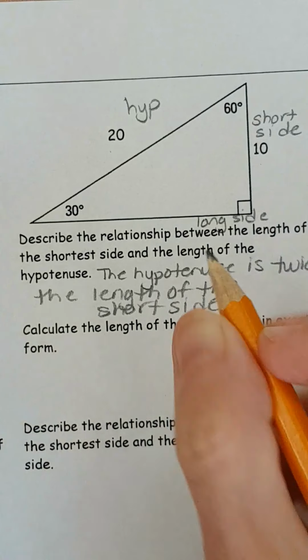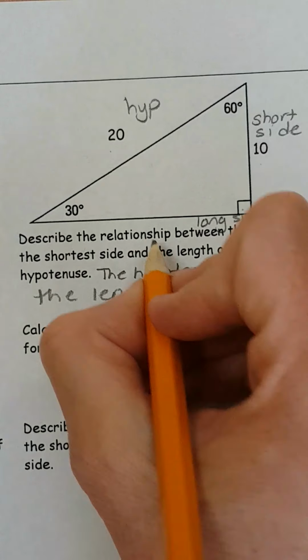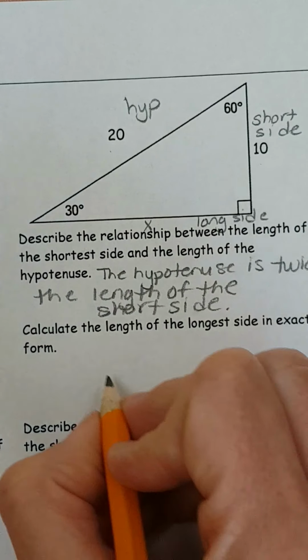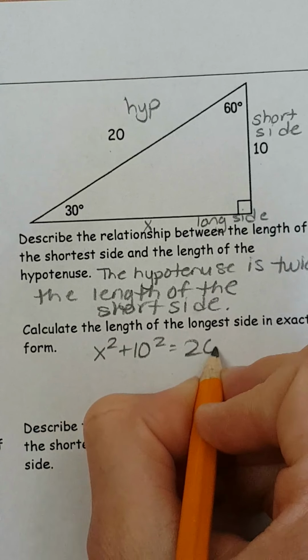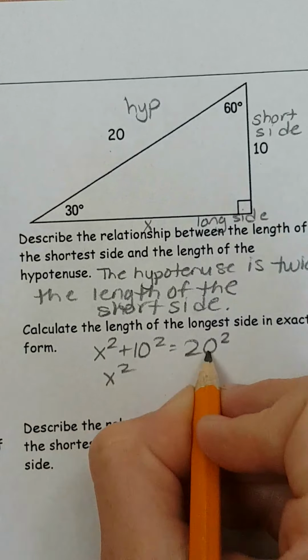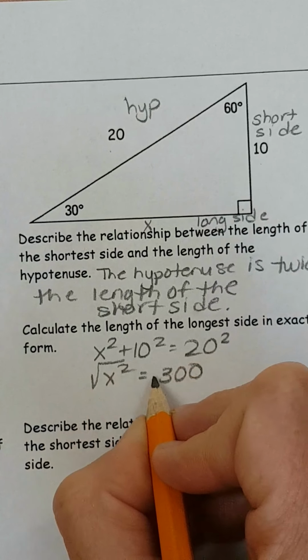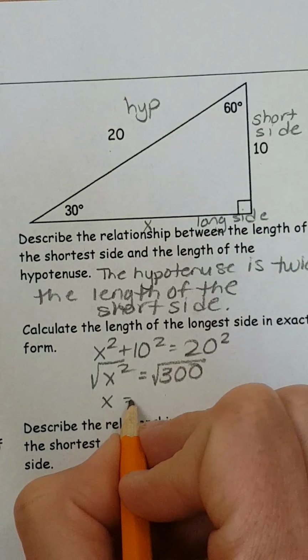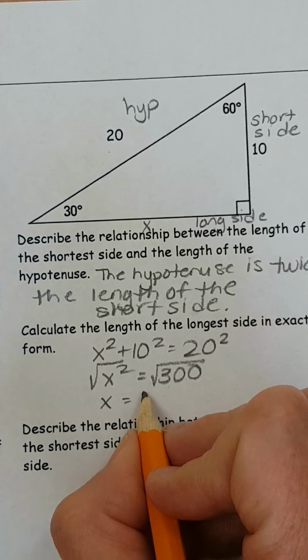So now what we want to do is we want to figure out what the long side is, and so we're going to have to use the Pythagorean theorem again. I'm going to call that x. X squared plus 10 squared equals 20 squared. So 400 minus 100 is 300. And so this one can be simplified into root 100 times root 3.